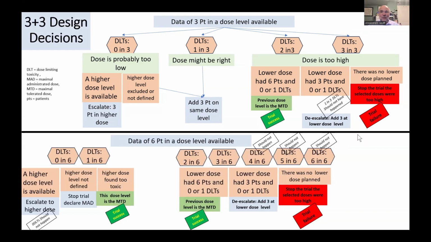Congratulations! You have survived your first SRC meeting as chair, and now you're heading towards the second. This time, there will be 6 patients' data to be evaluated and decisions to be made. Fortunately, it actually is a little bit easier because there are only 2 possible decisions, not 3 like before.